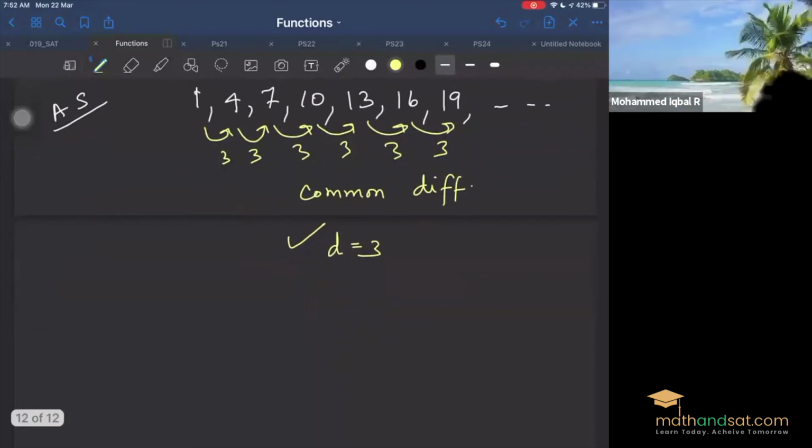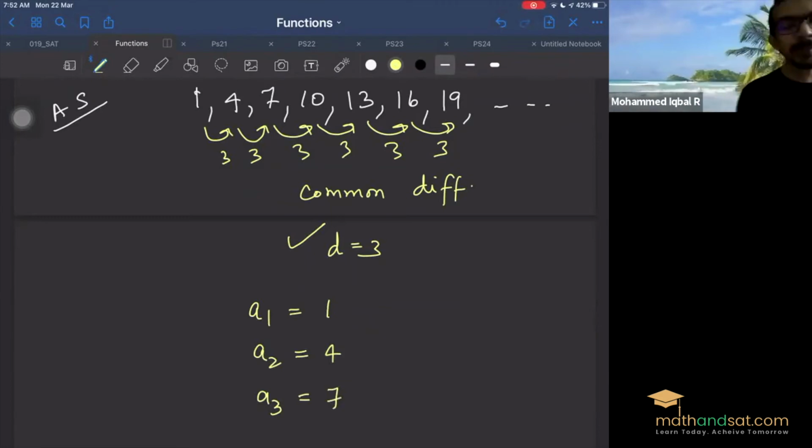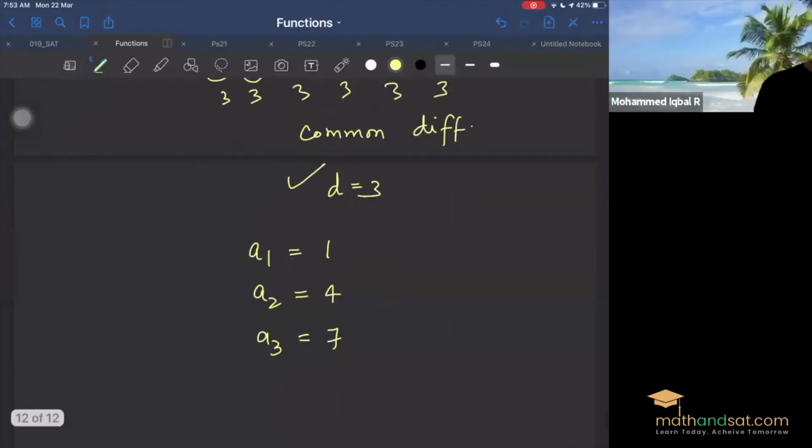Okay. These numbers are called the terms. a1 is 1, a2 is 4, a3 is 7. These are called the terms of the arithmetic sequence. So the first term is 1, the second term is 4, third term is 7, fourth term is 10, fifth term is 13, sixth term is 16, seventh term is 19, and so on.